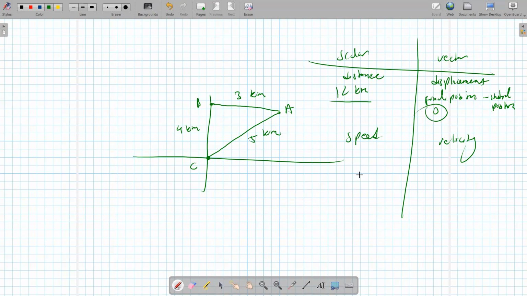Displacement is 0. That means velocity is also going to be 0 because velocity is displacement over time, whereas speed is distance over time. And for the notation for displacement, you just put a little arrow on top. So d with an arrow means displacement, whereas d by itself means distance.